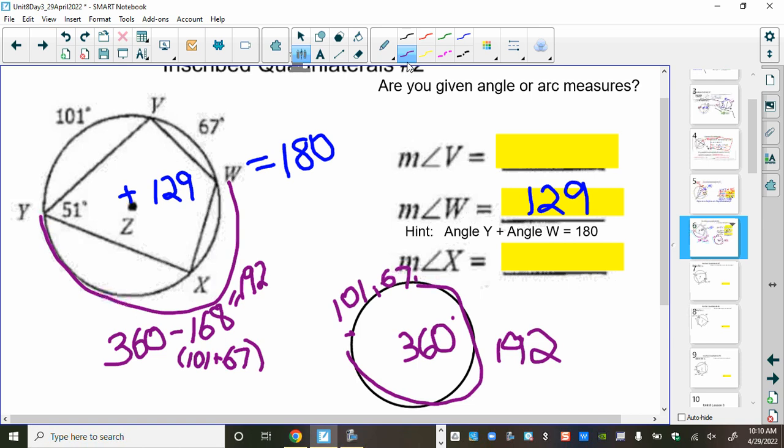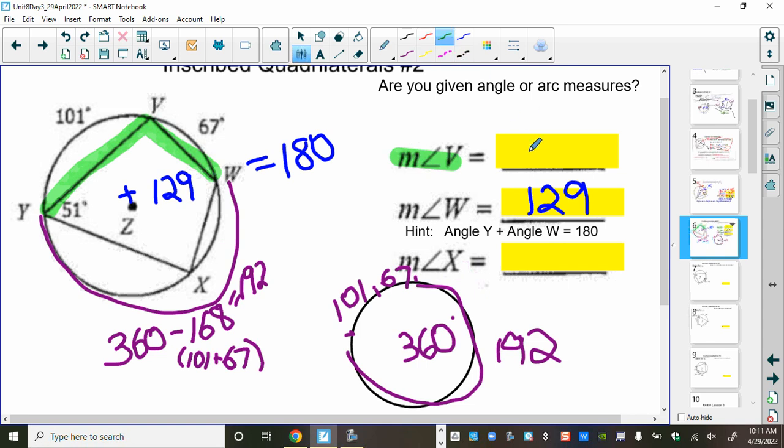But notice how, if we look at angle V, let's look at angle V, everybody. Exactly. It's going to be 192 divided by 2. Very good.